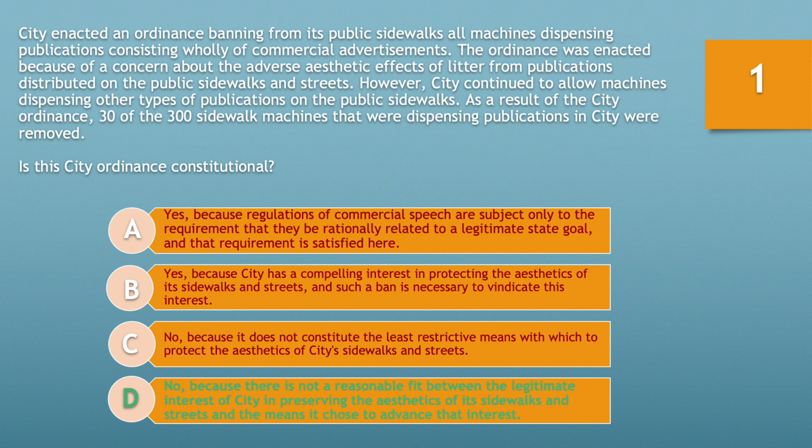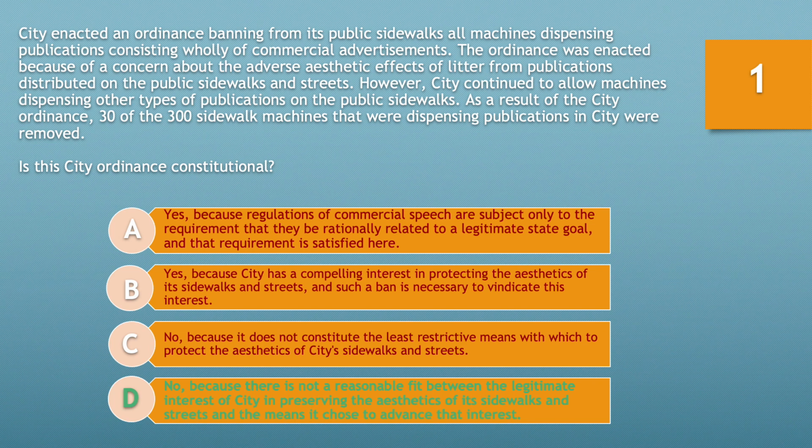The problem with the city's action is that the city continued to allow other machines, which in essence were 90% of the machines available. So the fact here that we have 30 out of 300 machines, meaning 10% of the purported problem being addressed, ultimately would seem as if the commercial publications are being singled out rather than the overarching problem of the litter being addressed.